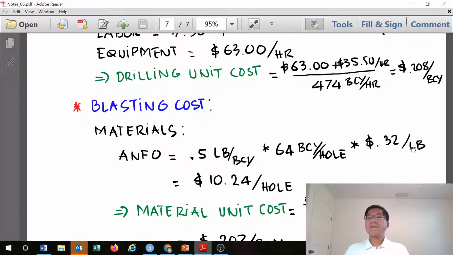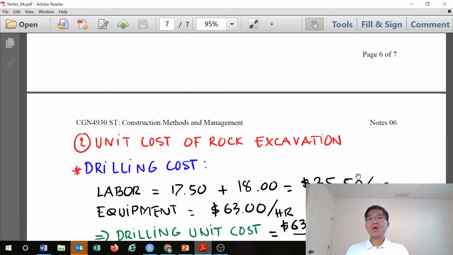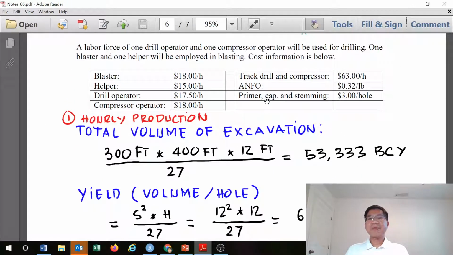Then dollar per pound, cancel pounds, so it will have $10.24 per hole. So it means that to put in one hole, one drill hole, we need $10.24 for the material for each hole, and that is for ANFO. And then we also have the caps, electric plastic cap, primer, stemming, $3 per hole.